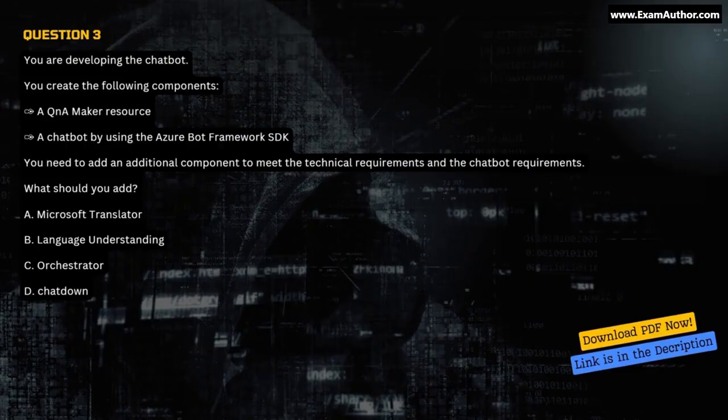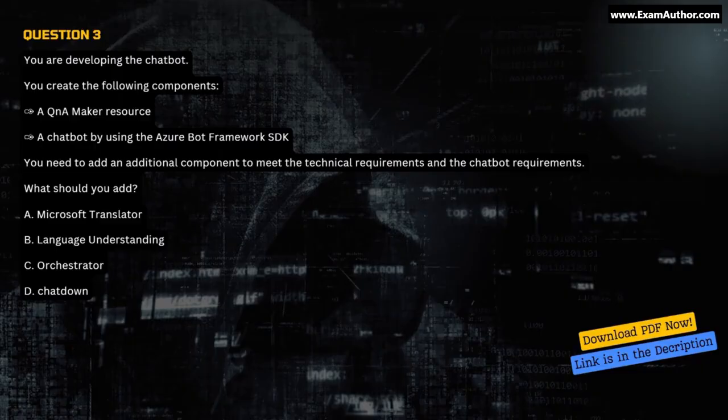Question 3. You are developing the chatbot. You create the following components. A Q&A Maker resource. A chatbot by using the Azure Bot Framework SDK. You need to add an additional component to meet the technical requirements and the chatbot requirements. What should you add?